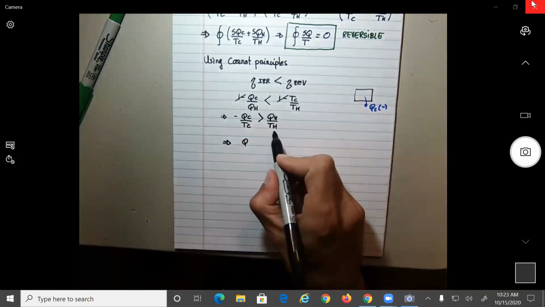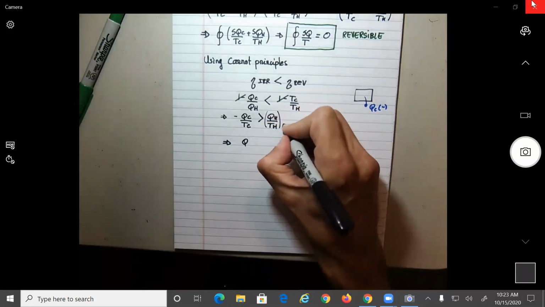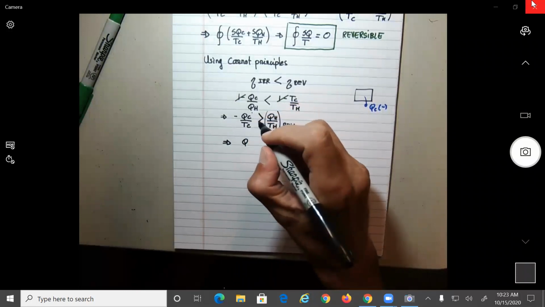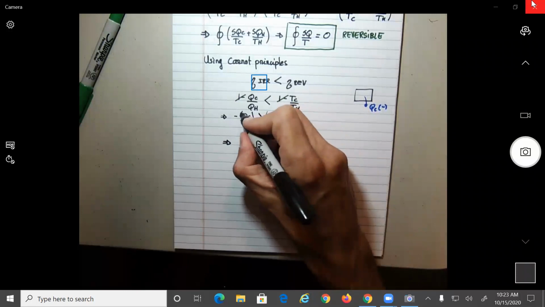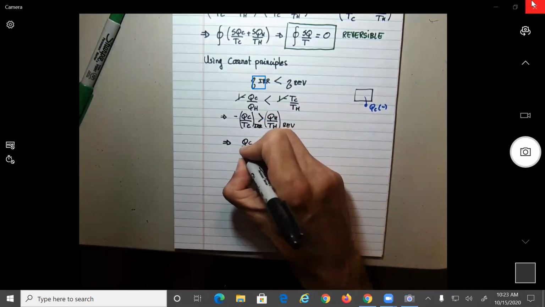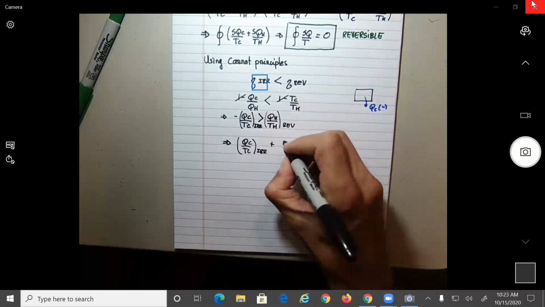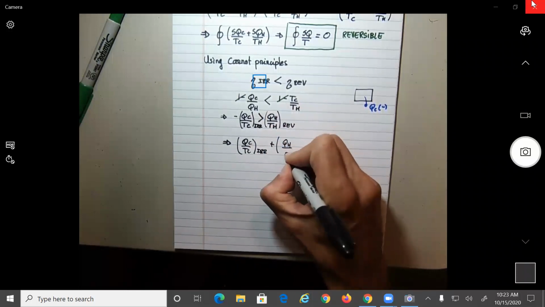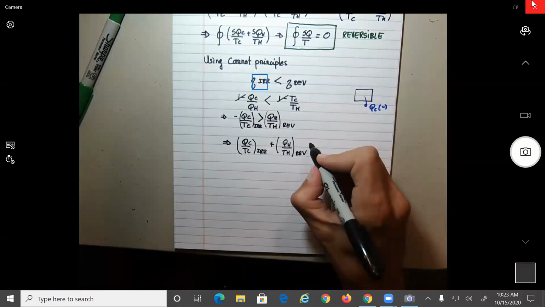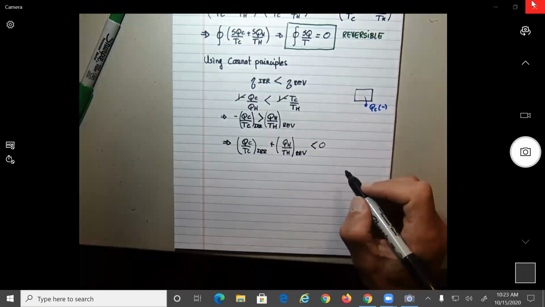So this is the reversible side, this is the irreversible side. So this will give you that Q cold over Tc, irreversible, plus Q hot over T hot, reversible, will be lower than 0.